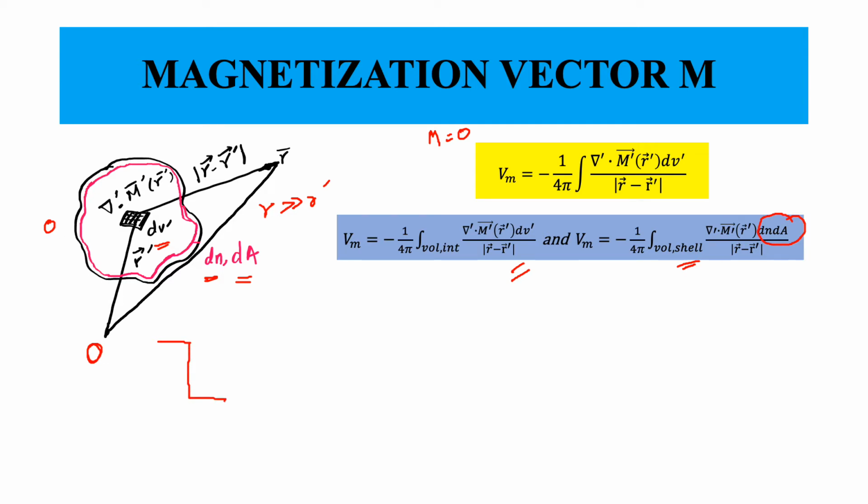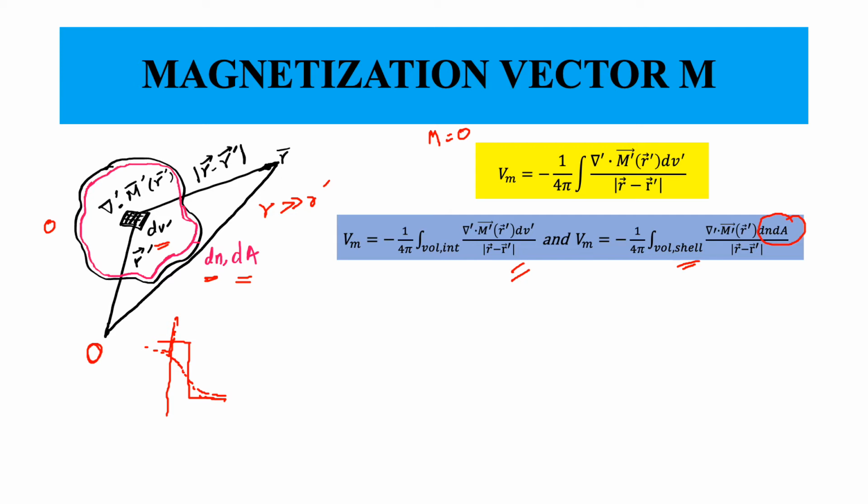It would look like this, going very smoothly to zero. So the magnetization M around the boundary, this is my boundary, would go very smoothly to zero.